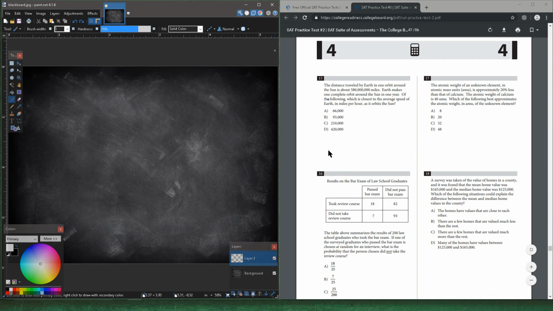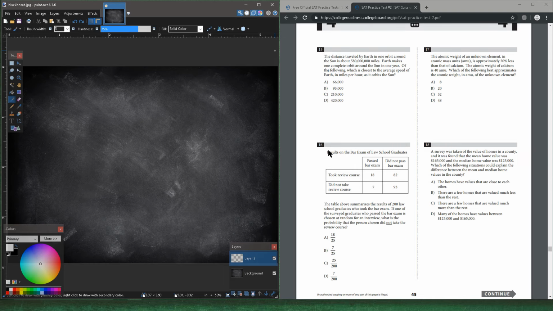A survey was taken of the values of the homes in the country, and it was found that the mean house value was $165,000, and the median value was $125,000. Which of the following situations could explain the difference between the mean and the median home values in the country?